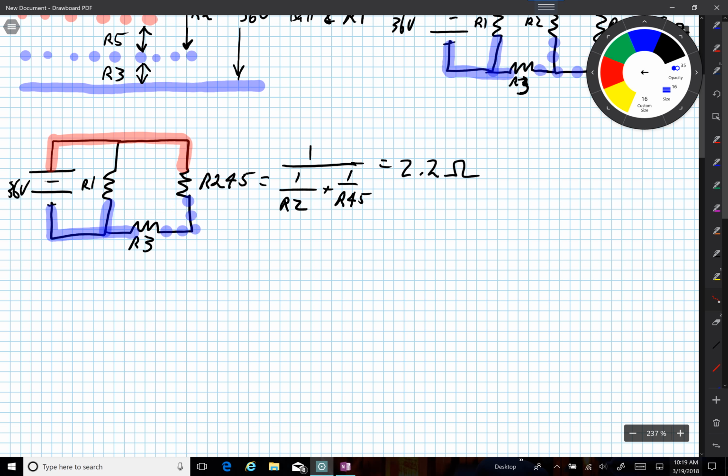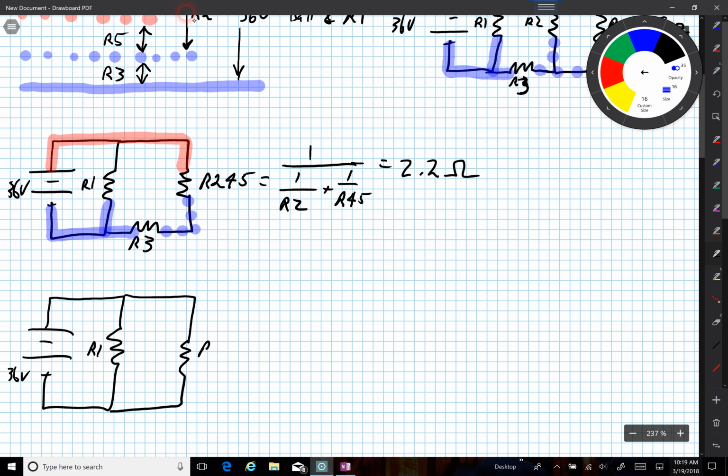None of these are in parallel, but these two are in series. So I can make a new equivalent circuit. I can combine. This is 36 volts, this is R1, and this is R2,3,4,5.